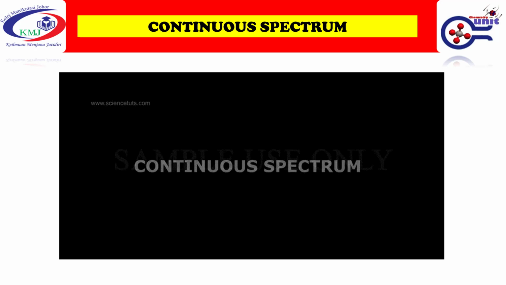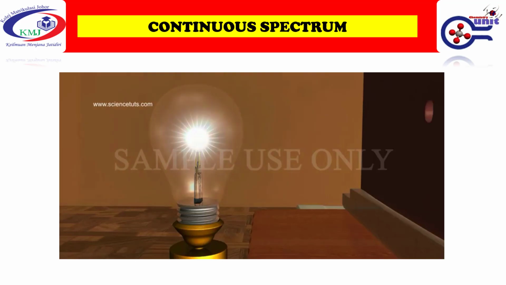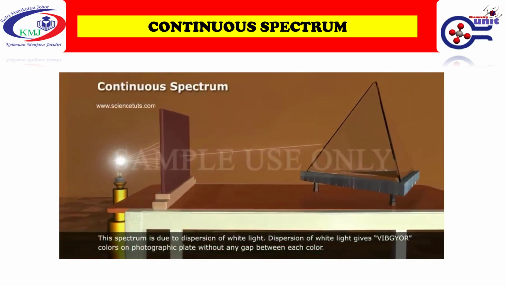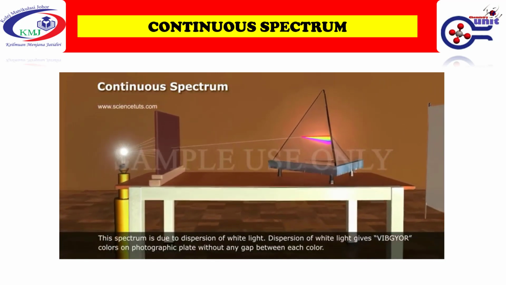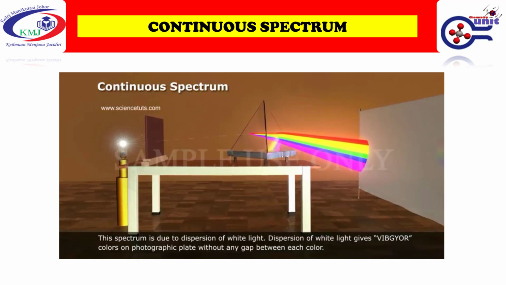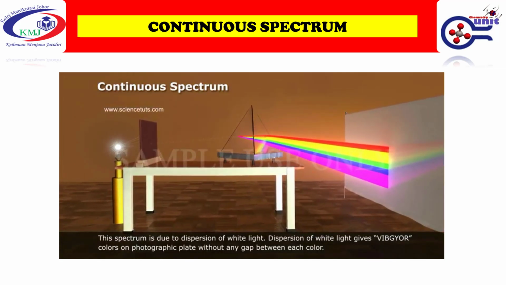This animation is about continuous spectrum. This spectrum is due to dispersion of white light. Dispersion of white light gives vibrant colors on a photographic plate without any gap between each color.